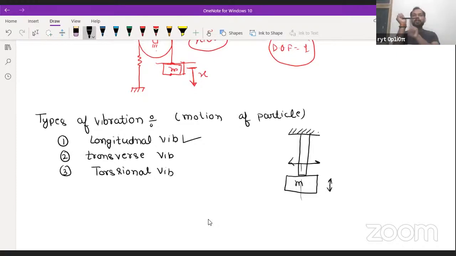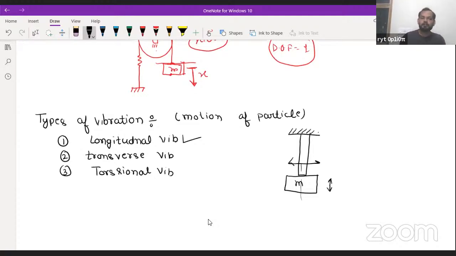This is the longitudinal axis of that scale, so it will vibrate perpendicular to that longitudinal axis. So this is the transverse vibration. Even if you are displacing in this direction and it is vibrating like this, it is also transverse vibration. Transverse vibration means vibration perpendicular to the longitudinal axis.